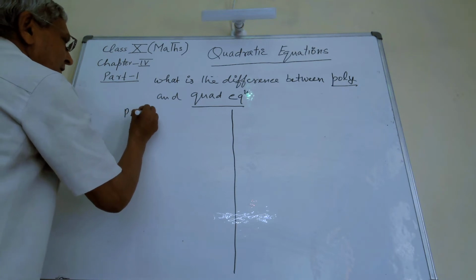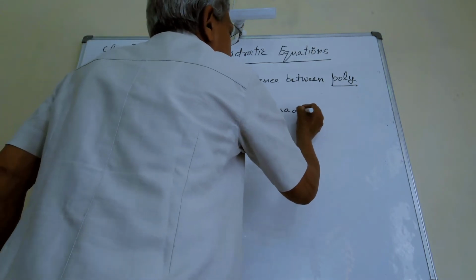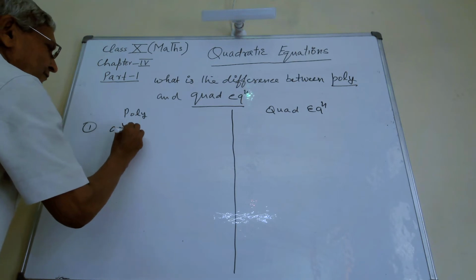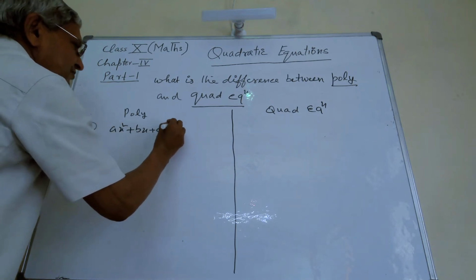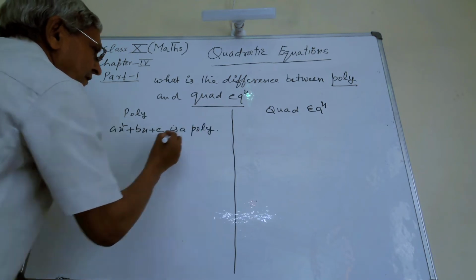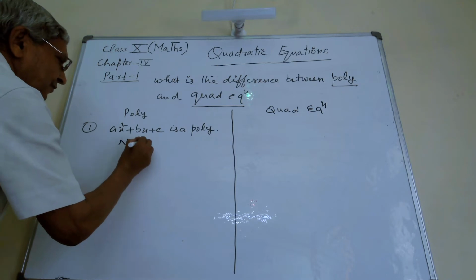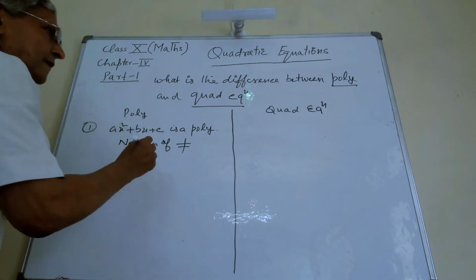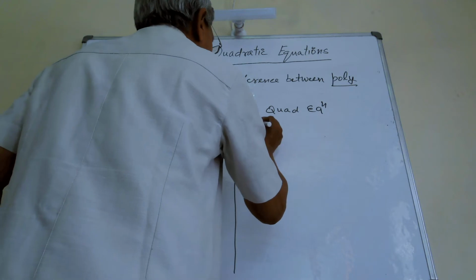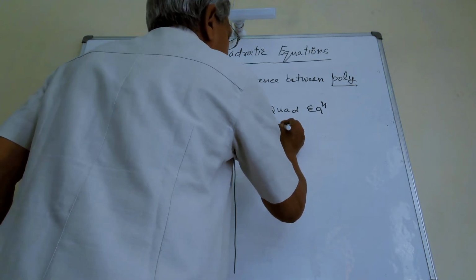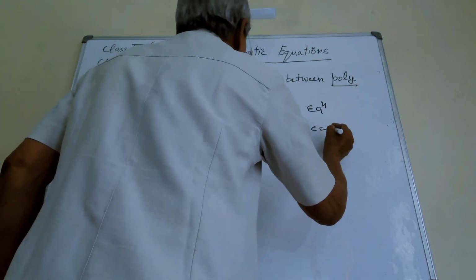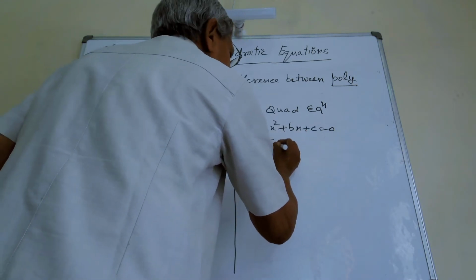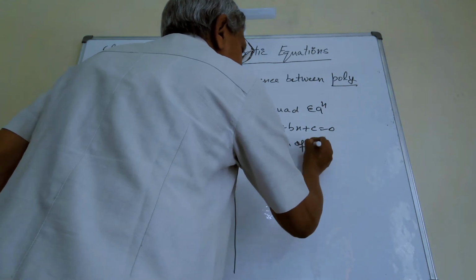First point, ax² + bx + c is a polynomial, with no sign of equality. ax² + bx + c = 0 is a quadratic equation, with a sign of equality.